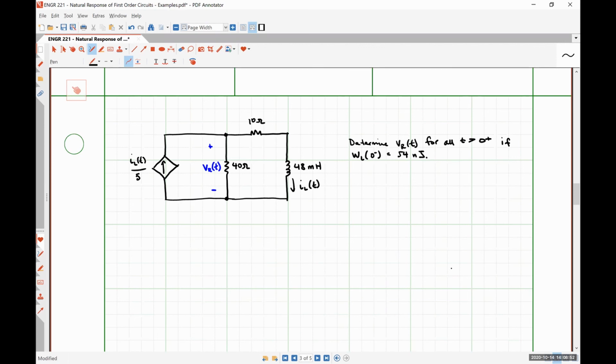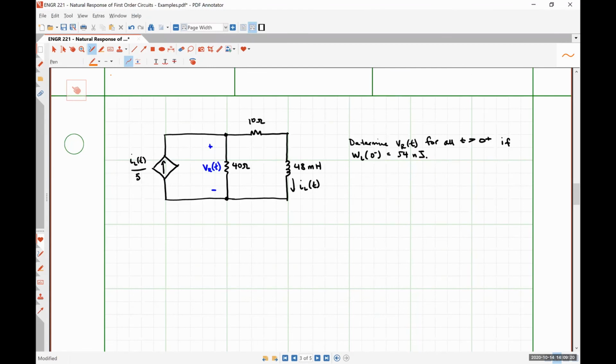We're given enough information to figure out what was going on at t is equal to 0 minus, and we're really just looking at how this thing behaves beyond that point. Our ultimate goal is to determine the voltage drop over that 40 ohm resistor.